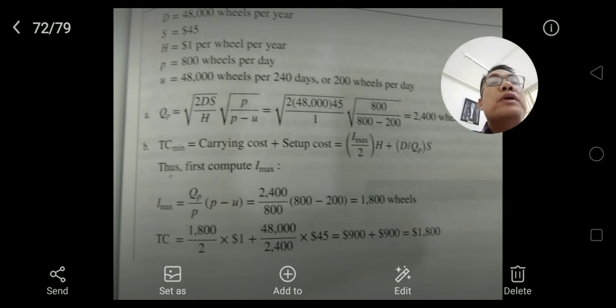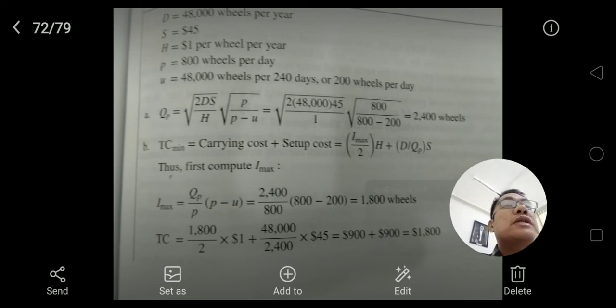Okay, so what you have to do is, if you simply follow the procedure, know the formula, and plug in the values as stated here. Okay, so therefore our economic production quantity given the formula and after plugging the values is at 2,400 wheels.